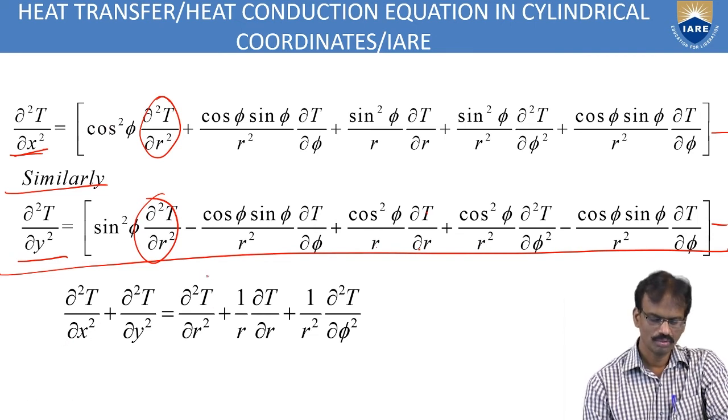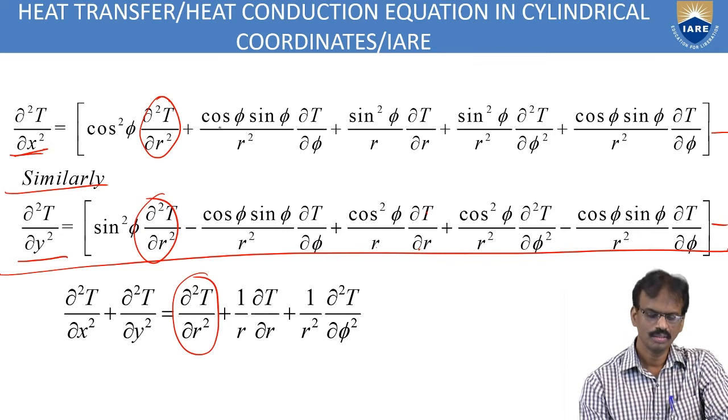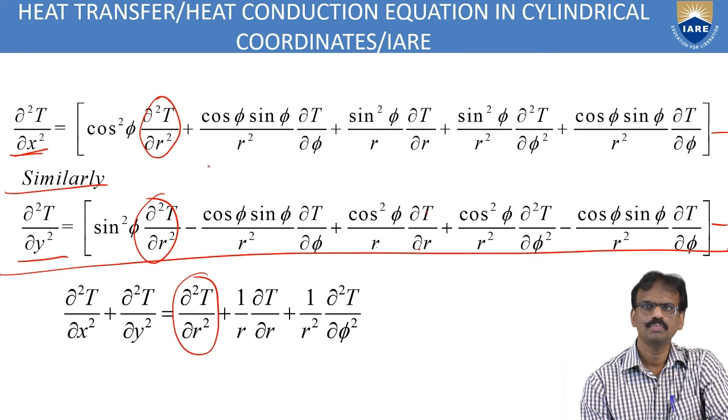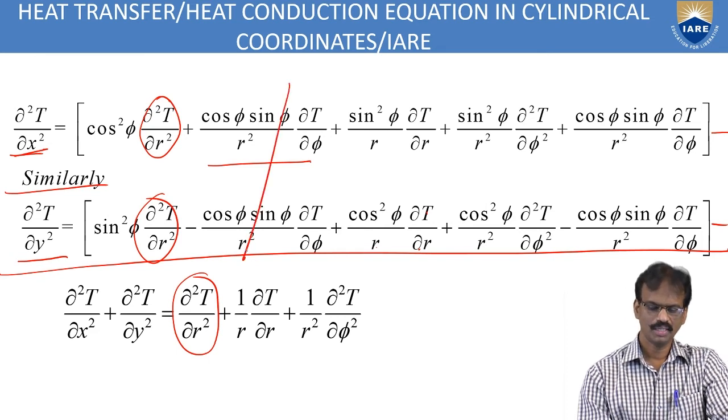So we'll get ∂²T/∂r² here. Plus cosθ sinθ/r² · ∂T/∂θ, here minus cosθ sinθ/r² · ∂T/∂θ. So these will be cancelled.